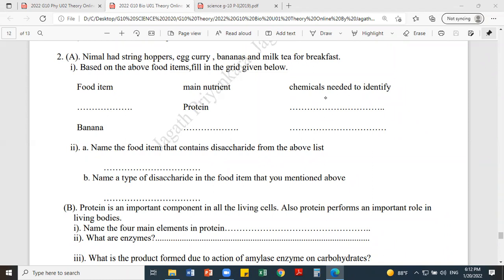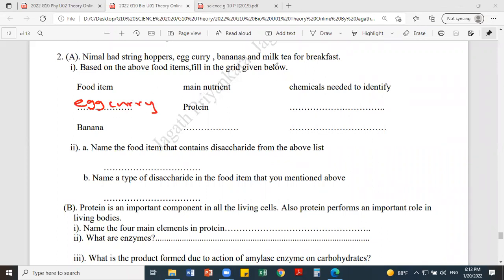Egg curry. Kishan, Adhika. Egg curry. Yes, very good, all of you are correct. The answer is egg curry, right? Those who are done, you can mark it with a red pen. It's egg curry.